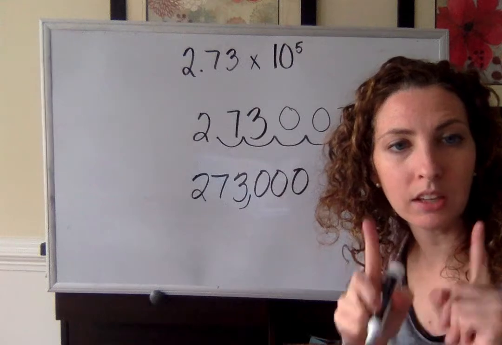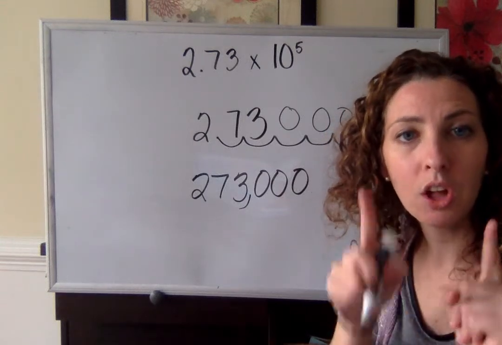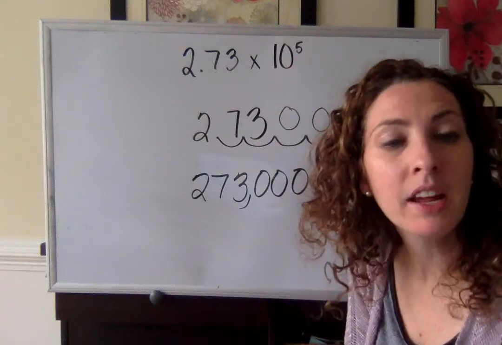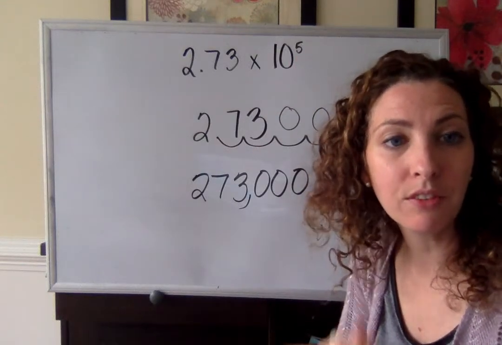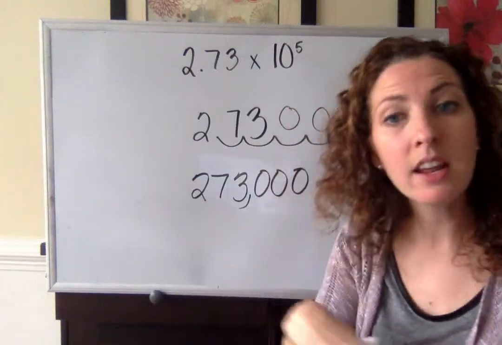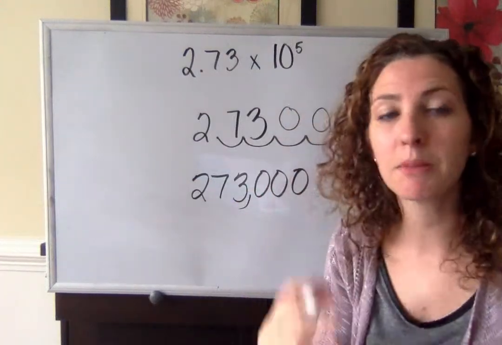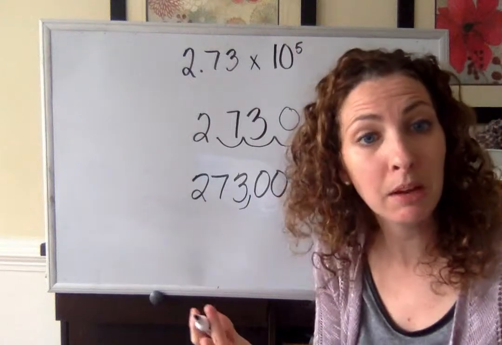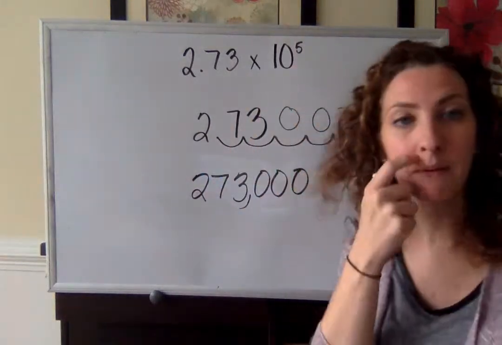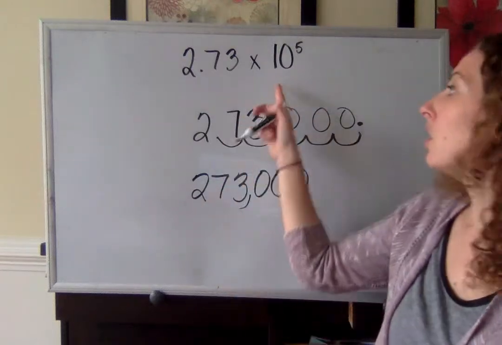Important things to remember, key points. Look at your exponent. Your exponent, or your little number, is what is going to give you how many spaces you're going over. It might be 1, it might be 2 spaces, it might be 3, 4, 5, 6 maybe. But that exponent is going to tell you how many spaces you're moving.